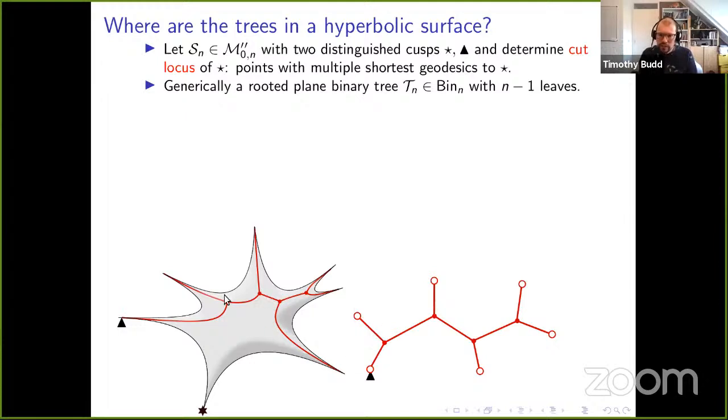So generically, this cut locus is really a tree, and it's rooted, because we can root it on the root cusp, a plain binary tree with the number of leaves equal to the number of cusps minus 1.